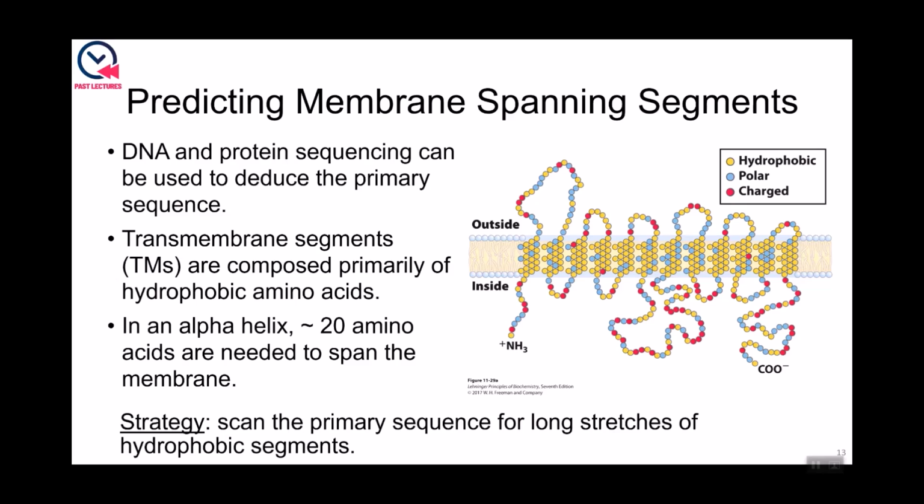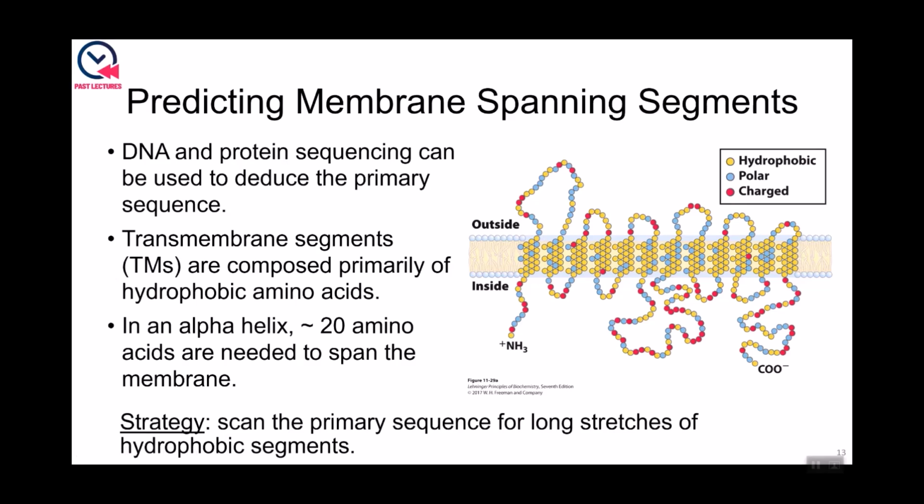Now, there are membrane proteins that have beta barrels in them, but when we talk about TM or transmembrane segments, they're usually alpha helices. If you think about the structure of an alpha helix, the hydrogen bonds run down the middle and are shielded, and there's a rise of about 1.5 angstroms per amino acid. So based on the typical width of a membrane, you would probably need about 20 hydrophobic amino acids to span the membrane.